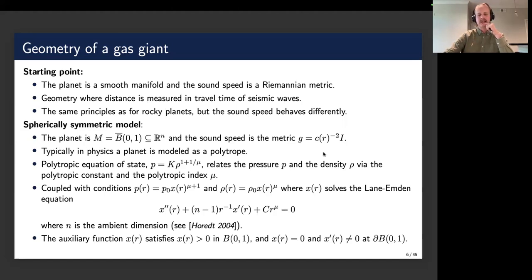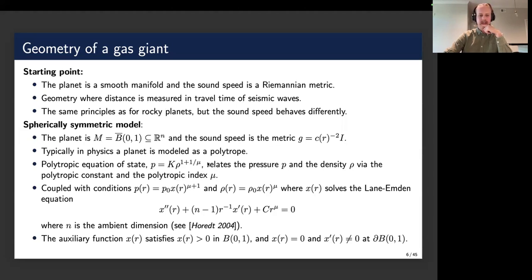Typically, what physicists do in this kind of business is that they model these planets as something known as polytropes. What that entails is that there is a power law type of relation between the pressure and the density of the planet. This is called the polytropic equation of state. There is some index, different for different planets usually.